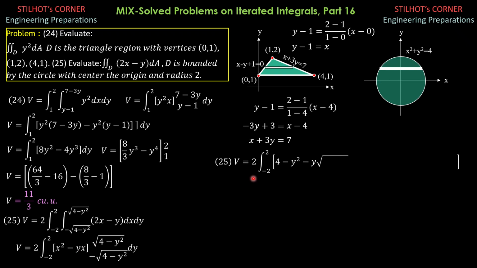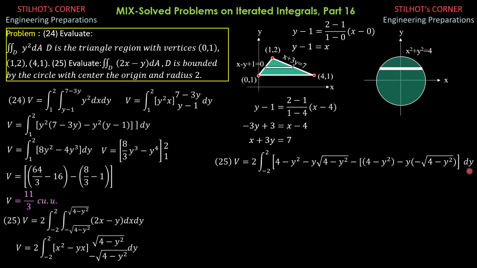So 2 times integral negative 2 to 2 of 4 minus y squared minus y times square root of 4 minus y squared. Then lower limit, negative of square root of 4 minus y squared, x squared is positive quantity 4 minus y squared. Then minus y, that's minus y, then negative square root of 4 minus y squared.